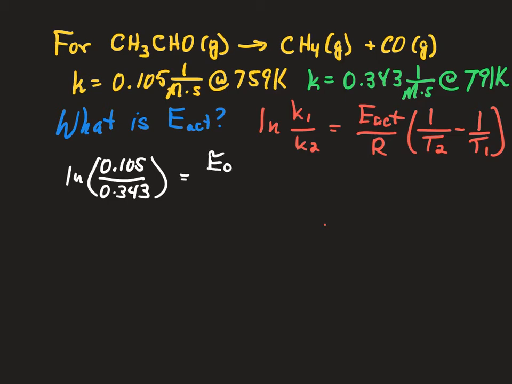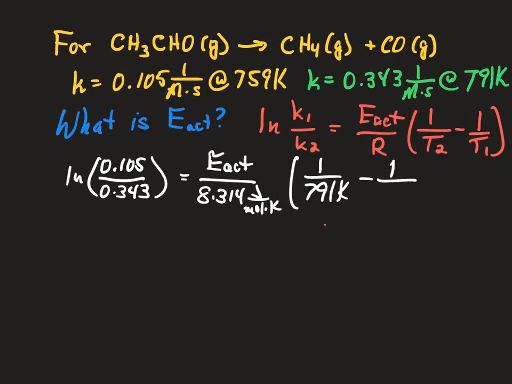That's our unknown. We know R in energy units, 8.314 joules per mole Kelvin. And we know temperature 2, 1 over 791 Kelvin, minus 1 over temperature 1, 1 over 759 Kelvin.